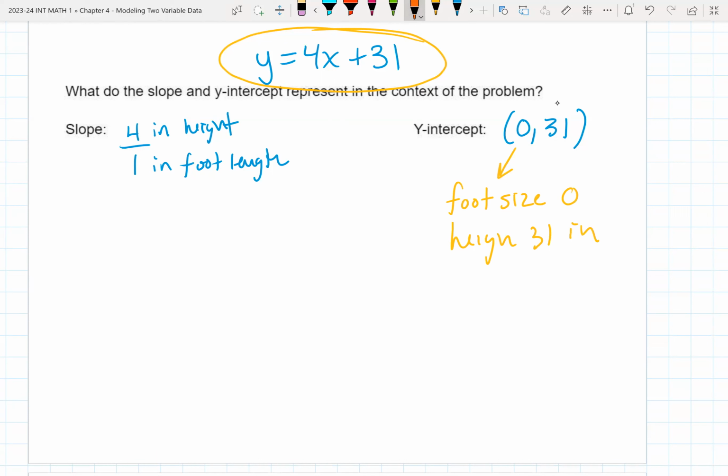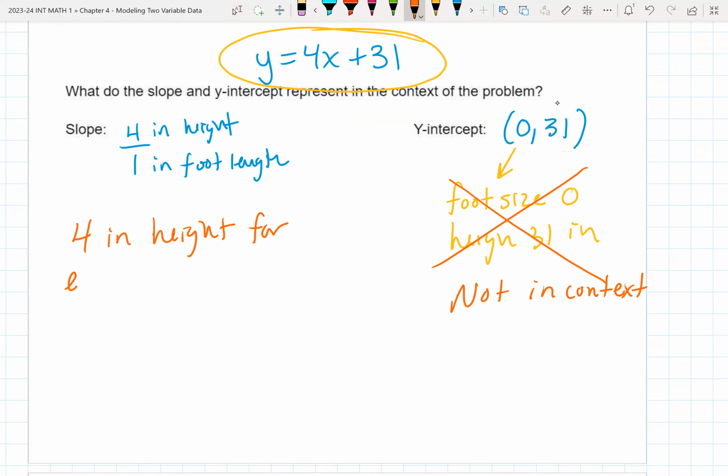No, it definitely doesn't. So it doesn't make sense in context, and that's okay. But again, as we go back over here, a person is gaining 4 inches in height for every 1 inch foot length.